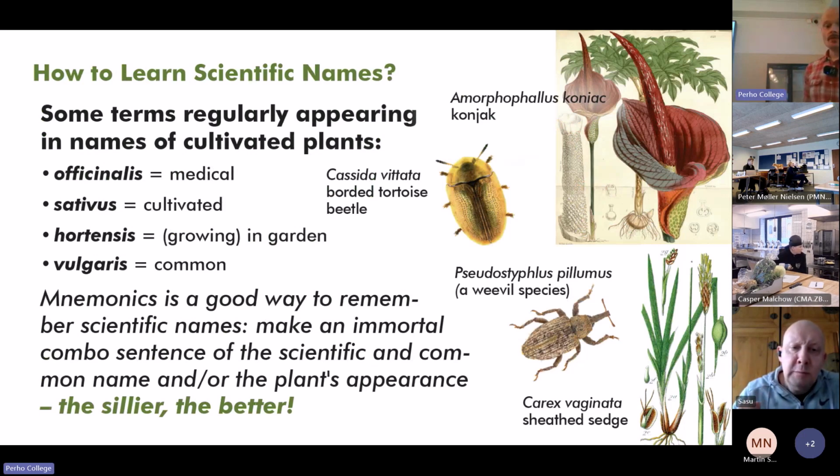There are just 4 terms that quite regularly appear in the names of cultivated plants. Here, for example, officinalis, which means medical, sativus, which means cultivated, hortensis, which means of the garden or growing in the garden, and vulgaris, which means common.